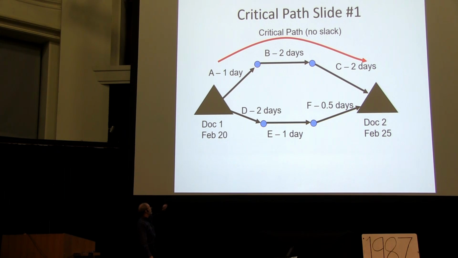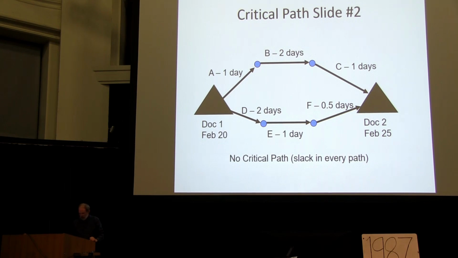So the top one up there is going to take 5 days, but it isn't critical in the sense that it's determining where the endpoints are. It's quite possible to have no critical path in the sense of it holding the endpoints where they are.